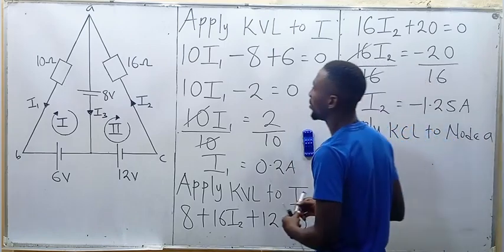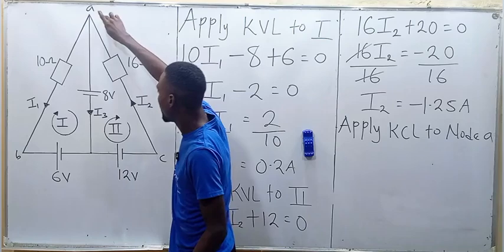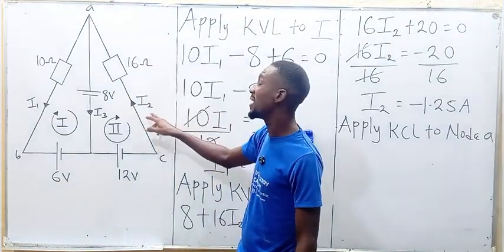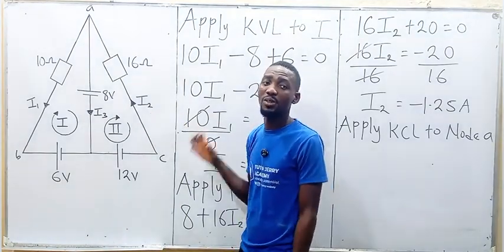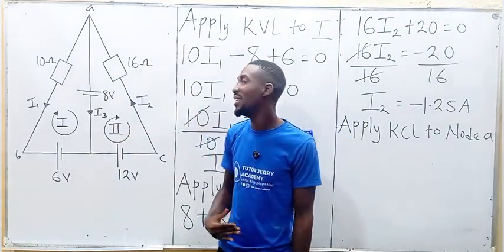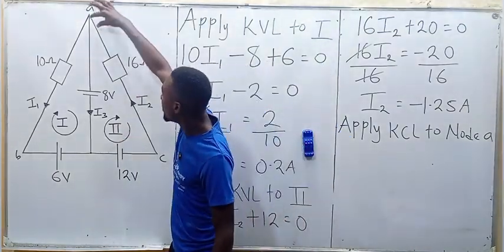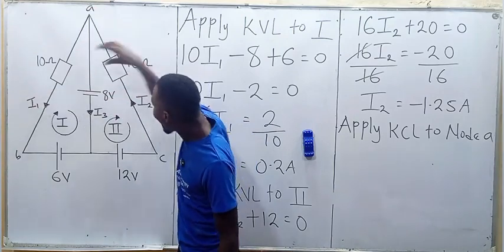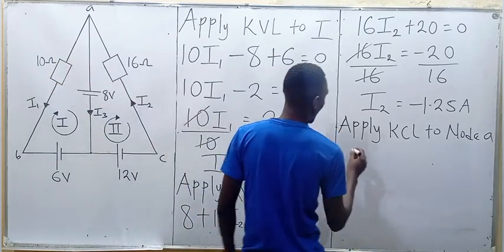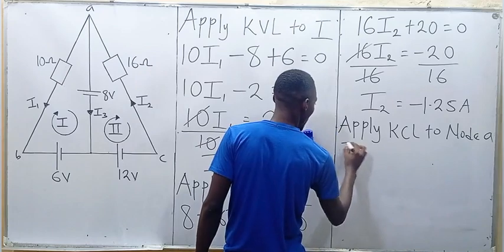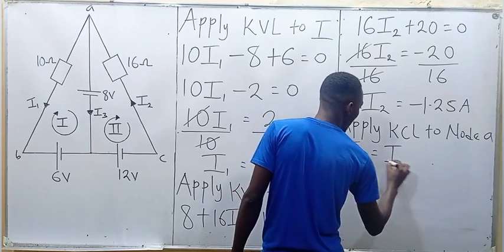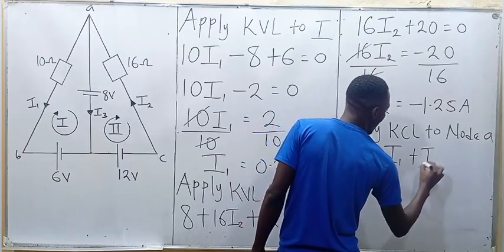If you look at node A, the current entering is I2, and the summation of current entering the node must equal the summation of current leaving the node. So I2 equals I1 plus I3.